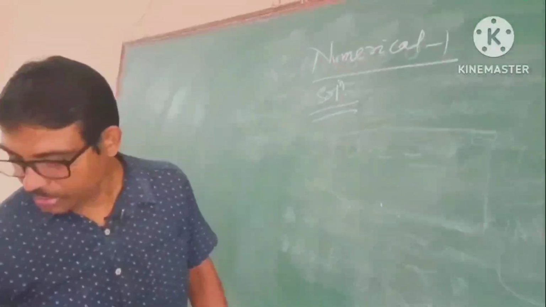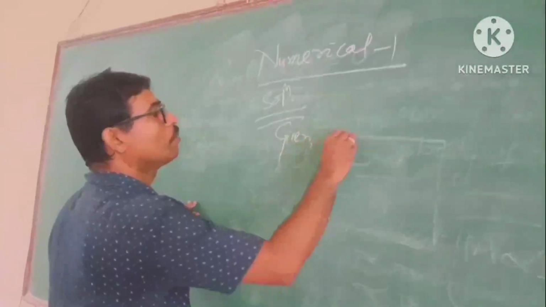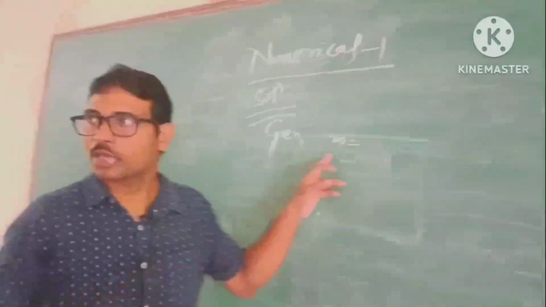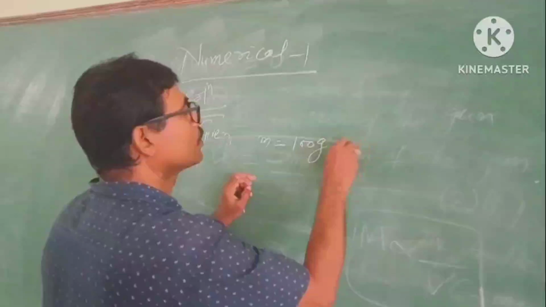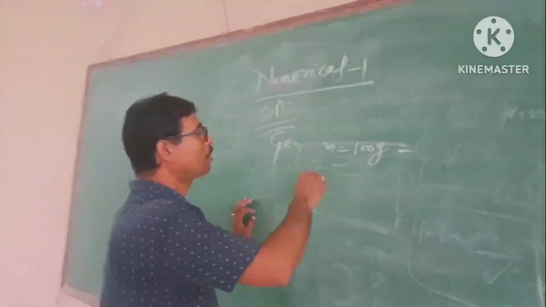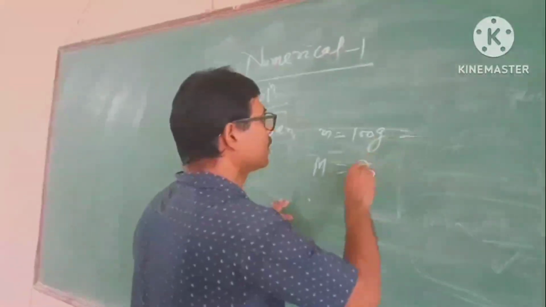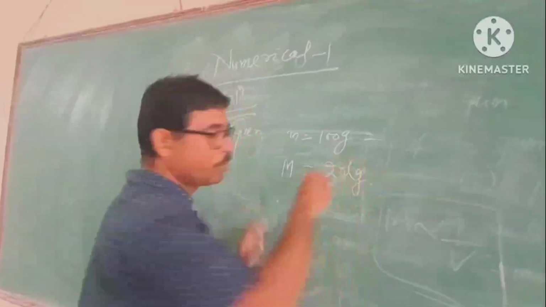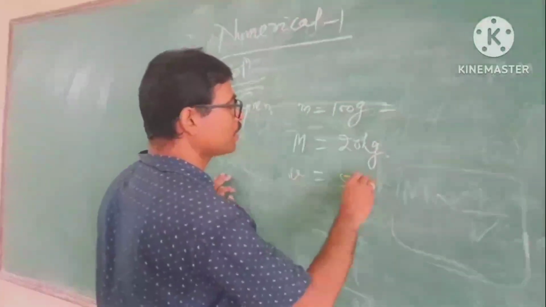So first, write the given. Mass of the bullet is how much? 100 gram. Okay, the mass of the gun is how much? It is given, 20 kg. Velocity of the bullet is how much? v is equal to 50 meter per second.